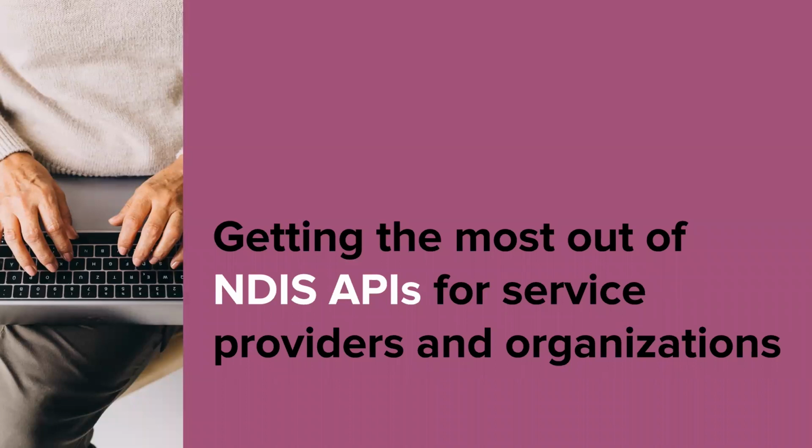Getting the most out of NDIS APIs for service providers and organisations. So there's a lot of processing power that can be obtained by integrating your system into the NDIS APIs. You can do participant verifications. You can create and amend service bookings and agreements. You can pull down budget information.